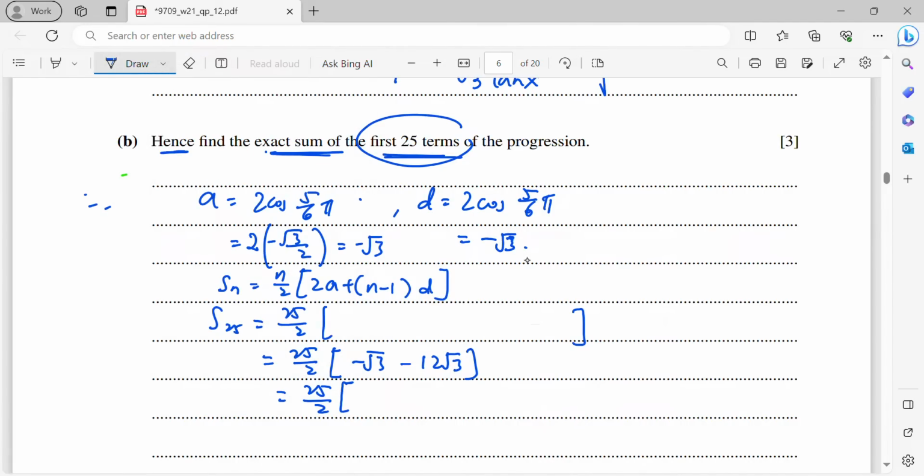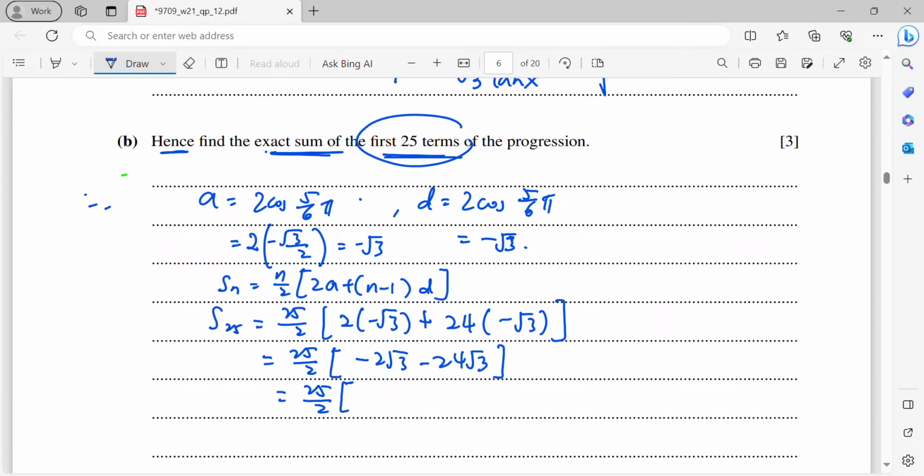So it's 2a plus n minus 1. This is 24 times negative square root 3. Okay, this should be the proper working. So then here I will get 22. This is negative 2 square root 3. This is negative 24 square root 3.